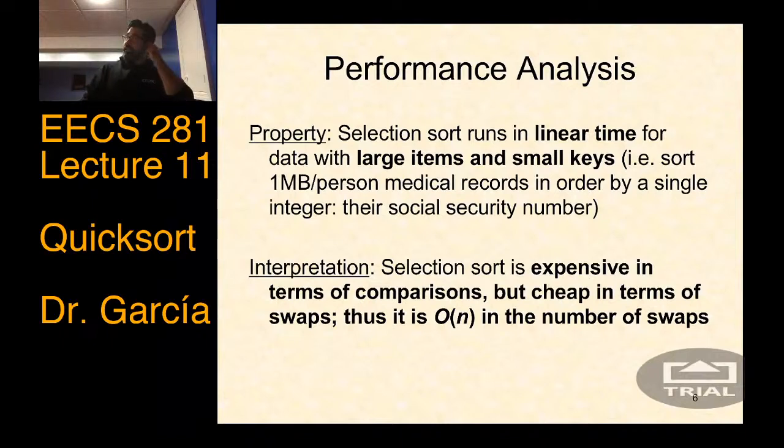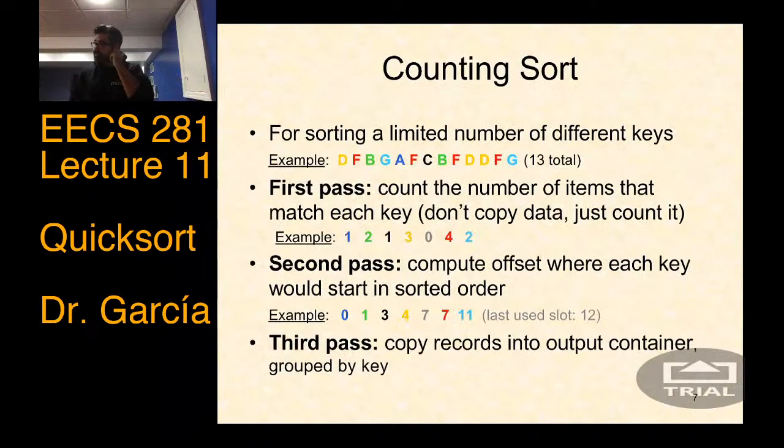Let's lastly look at counting sort, which is actually a linear time sorting algorithm. As we're going to see, you are limited in the cases in which you can use counting sort. The inputs for which you can use it are those with a limited number of different keys.